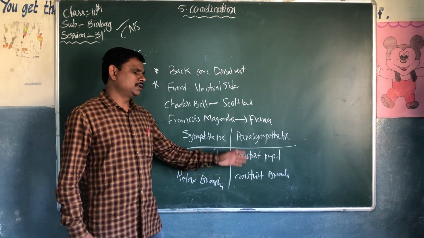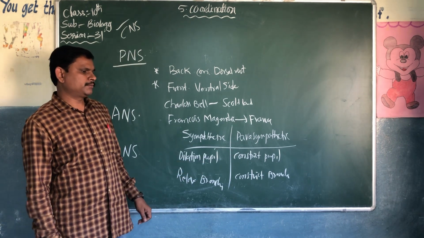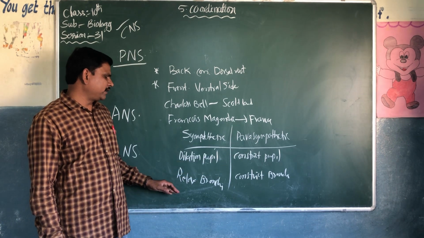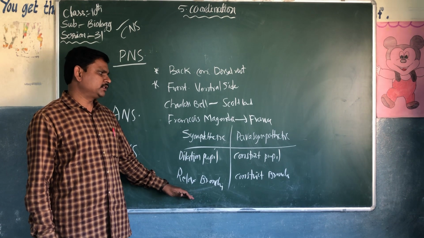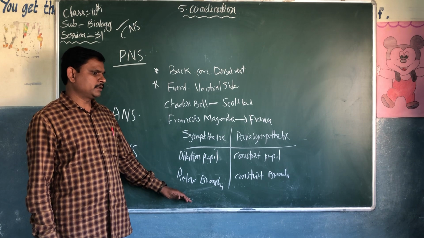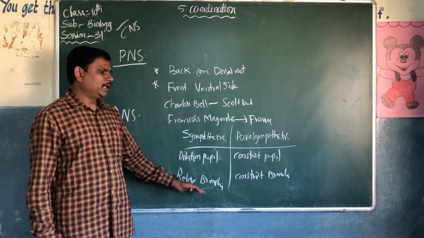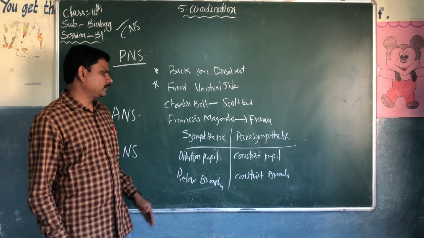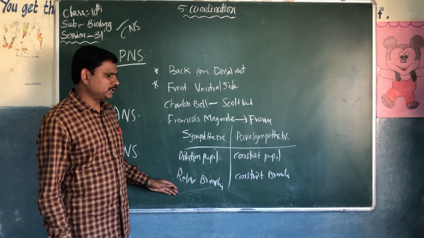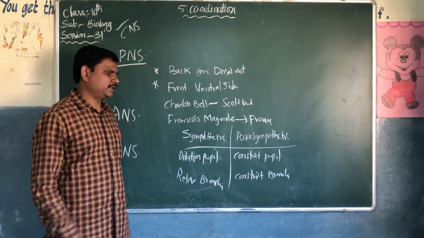Decreased secretion of digestive juices is sympathetic, and increased secretion of digestive juices is parasympathetic. Decrease and increase, that is the one difference.